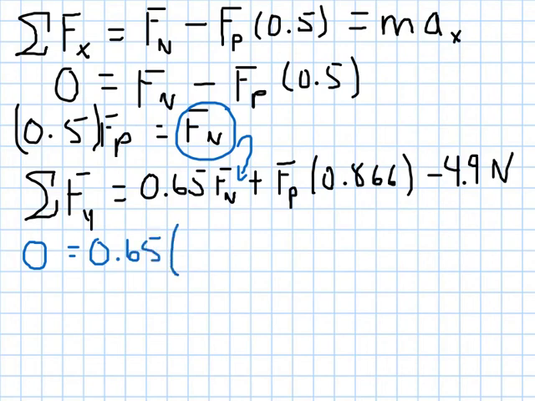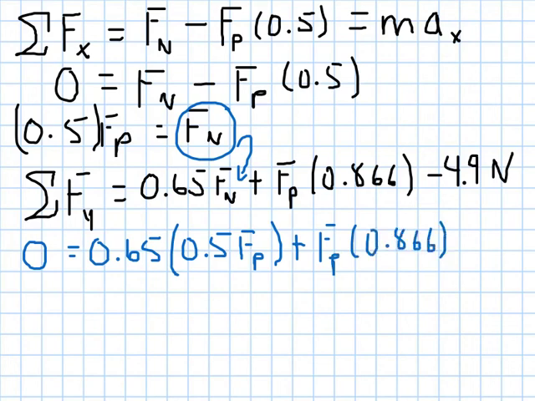That normal force was equal to 0.5 times the force of the push. This all got substituted in for that normal force. And I still have the force of the push times 0.866, and then subtract off 4.9 newtons.